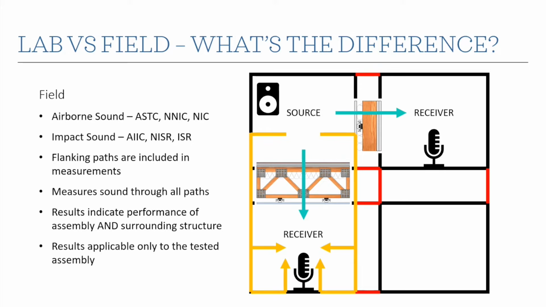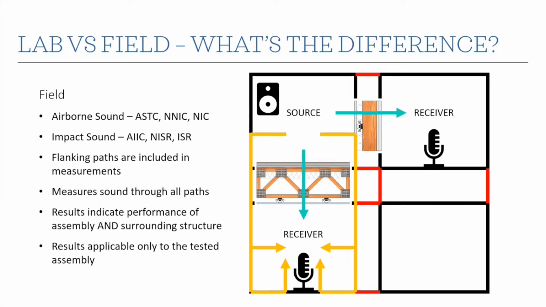And this means that the results are only applicable to that tested assembly in that specific space, right? Context really matters. Even in the same building with the same basic floor ceiling assembly, we could measure one apartment unit on this floor and another apartment unit on that same floor, but the structural connections, the way things are framed, all of those different things might vary between those two spaces, and those will affect the results that you get.